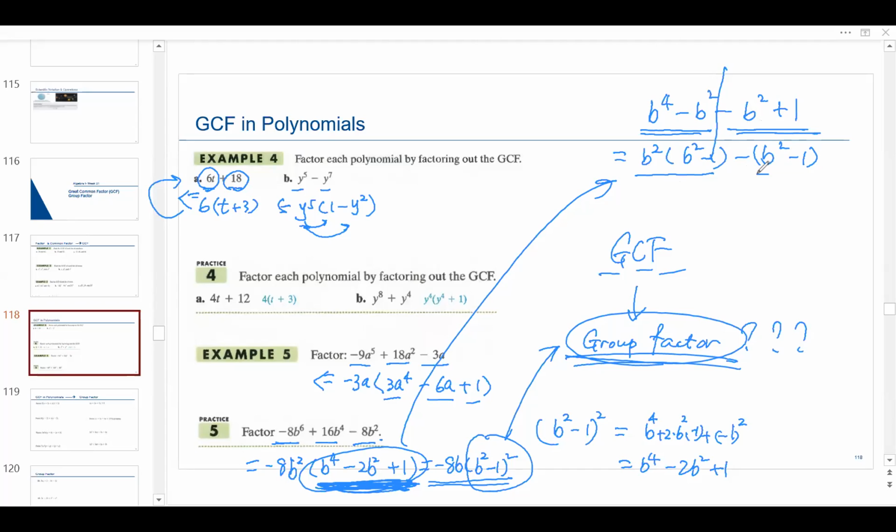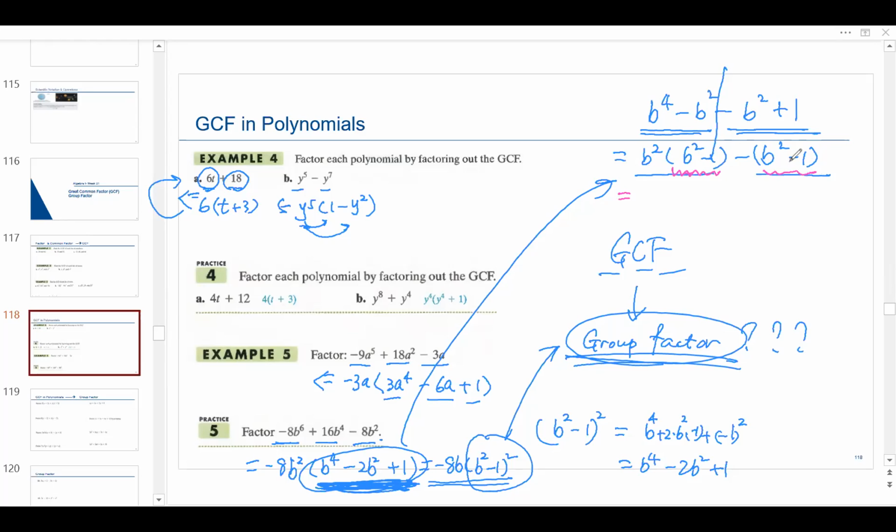This is b squared times b squared minus 1, and this is negative 1 times b squared minus 1.